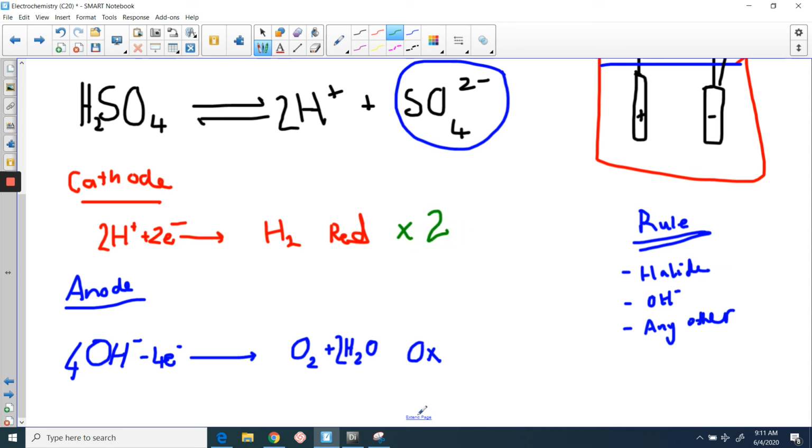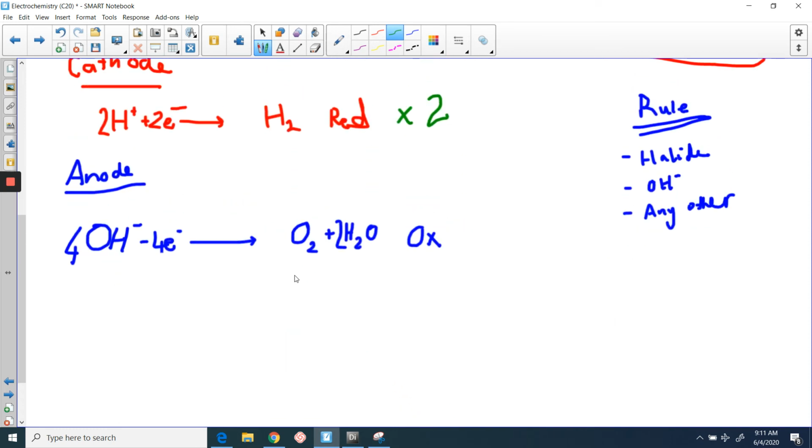Why don't we write out that full redox equation now? You will have 4 hydrogen ions on the left-hand side of your equation. You will have 4 hydroxide ions on the left-hand side of your equation. You don't need to include the electrons now. They are dealt with, because effectively they're cancelling each other out.